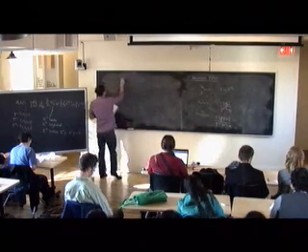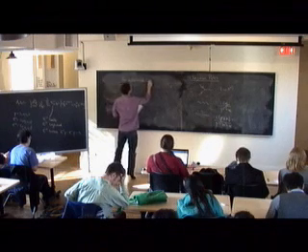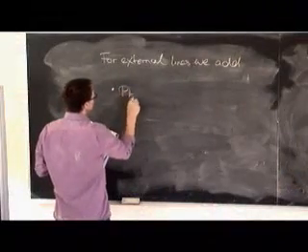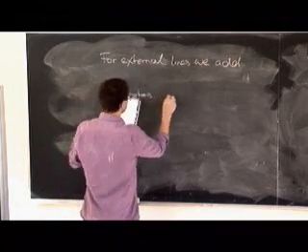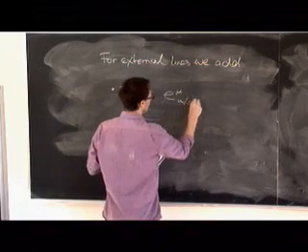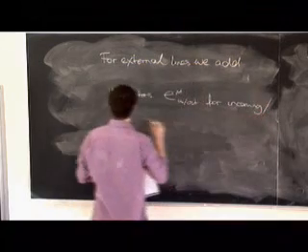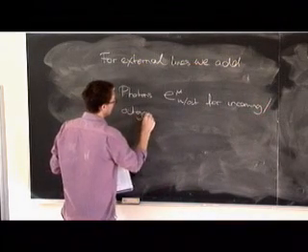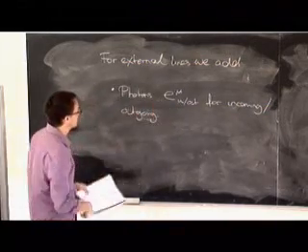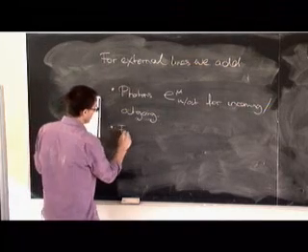So for external lines, we add, for the photons, just some polarization vector that stipulates what the polarization is. And for fermions, we add what we saw before.